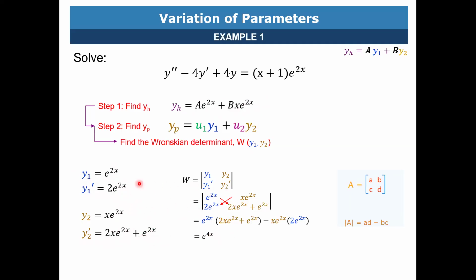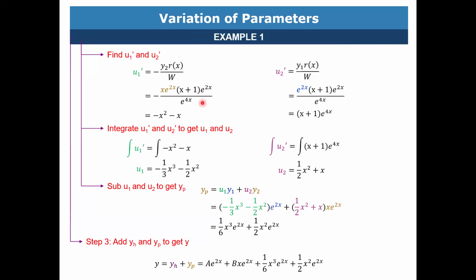Just substitute the values into the matrix, and you can find the determinant of W using the formula AD minus BC. This term times this term minus x e to the 2x times 2 e to the 2x. After calculating that, you will get e to the 4x.